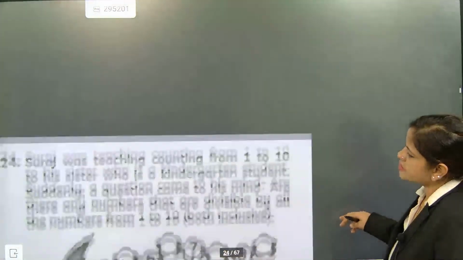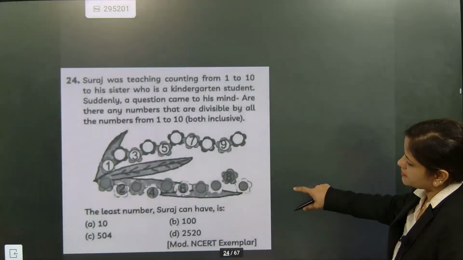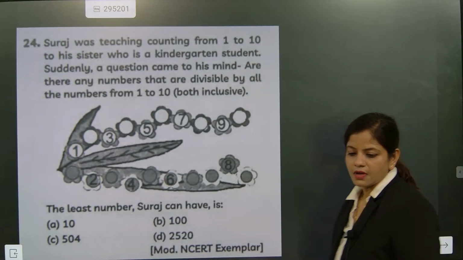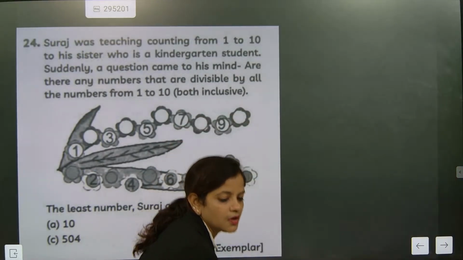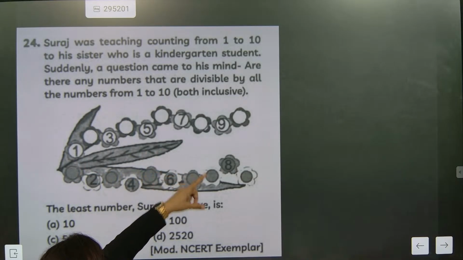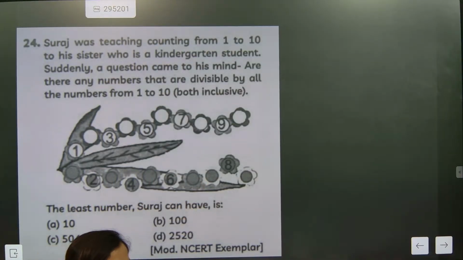Now we'll go for the next question. Solve this question please. Come on, go for this question. Try solving this question please. See here what is given: 1, 3, 5, 7, 9, and then 2, 4, 6, 8. Okay, try to solve this question.